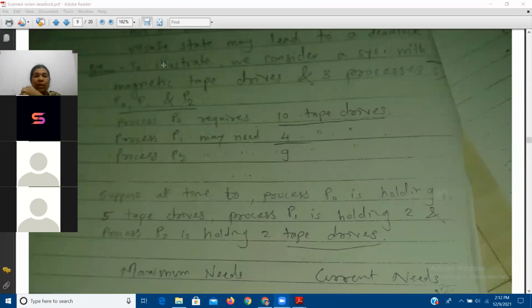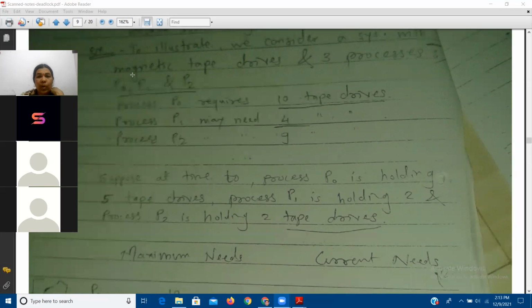Process P0 requires 10 tape drives, process P1 requires 4 tape drives, process P2 requires 9 tape drives. Suppose at time T0, process P0 is holding 5 tape drives, process P1 is holding 2 tape drives, and process P2 is holding 2 tape drives.